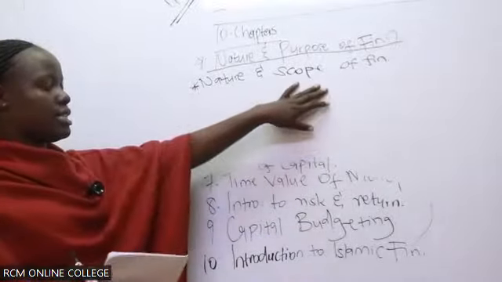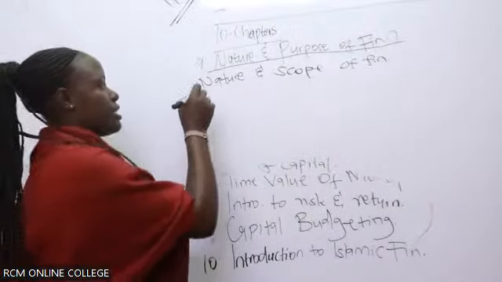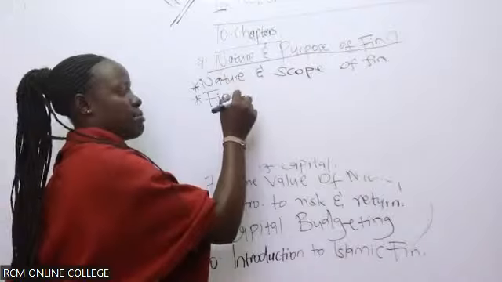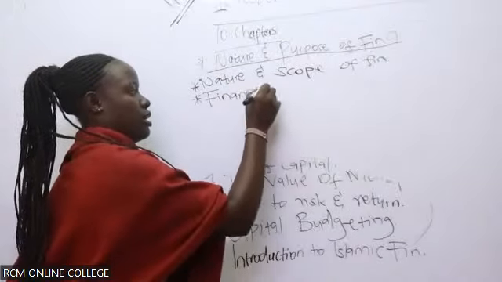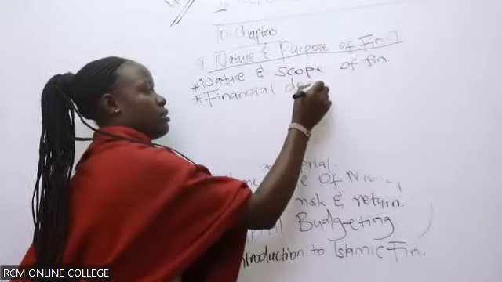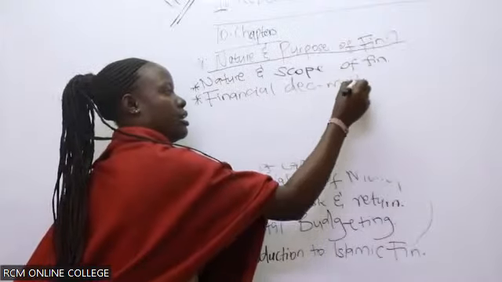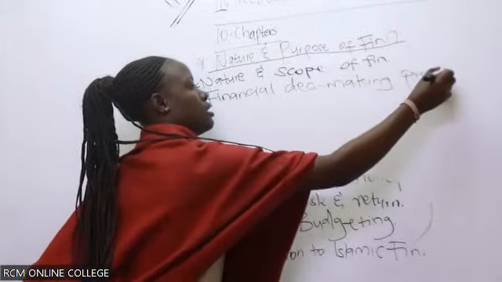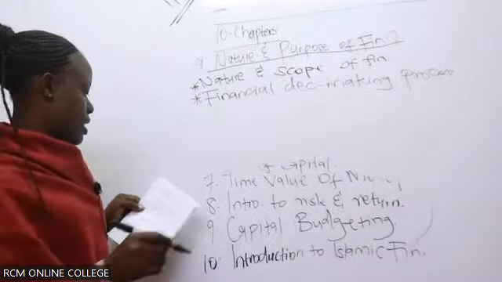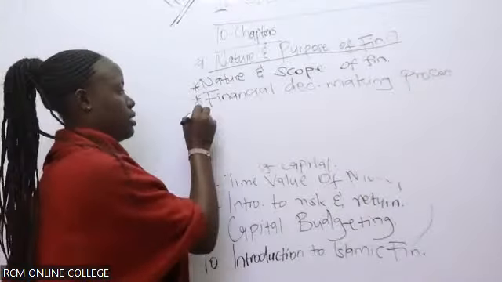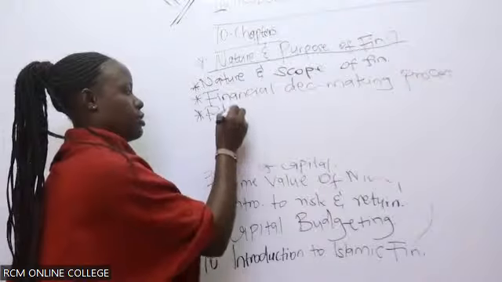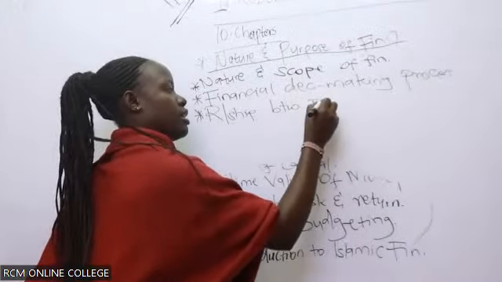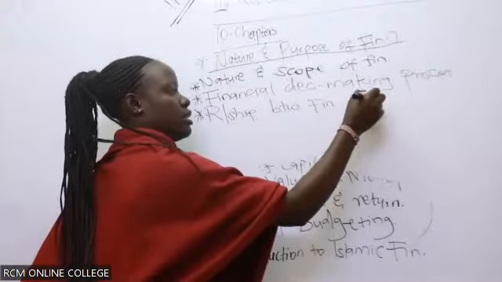Once you understand this, you'll have to look at the financial decision-making process. After that, you look at the relationship between finance and accounting.